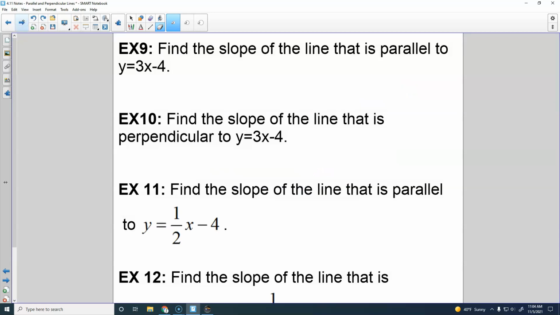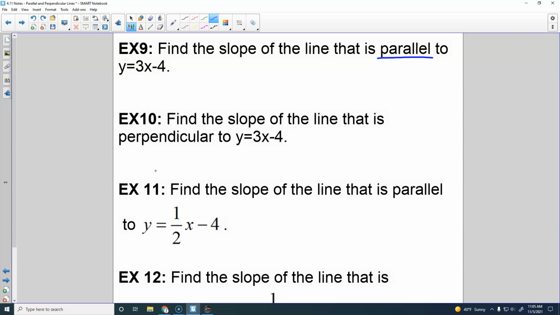Alright, so we want to find the slope of the line that is parallel to y equals 3x minus 4. Okay? What do we know about parallel lines? What do we know about their slopes? They're the same. Alright? So, parallel lines are going to have the same slopes.